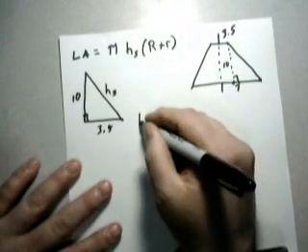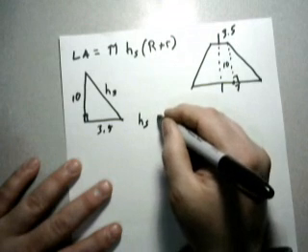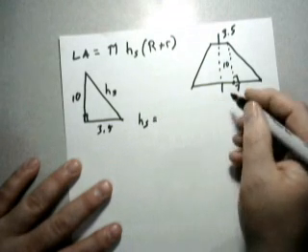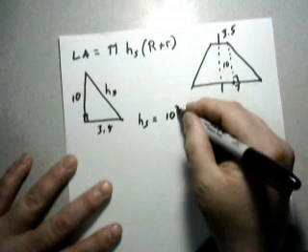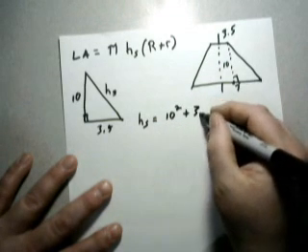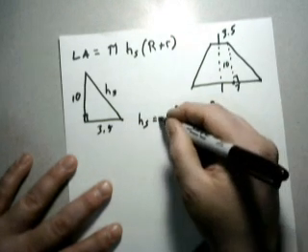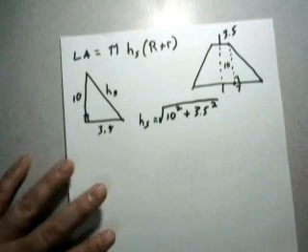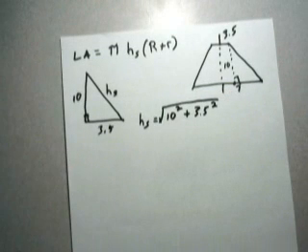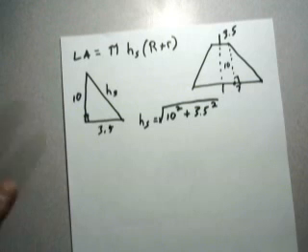So the slant height is equal to 10 squared plus 3.5 squared, and then the square root of that. The Pythagorean theorem. So the square root of 100 plus 3.5 squared is 10.6.